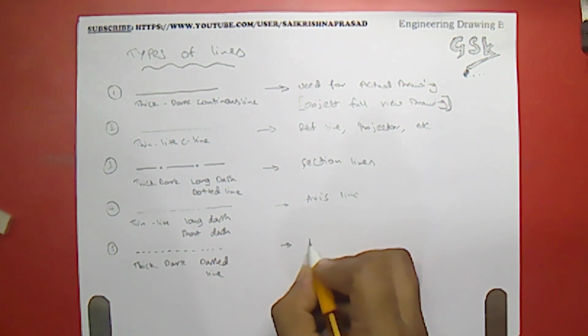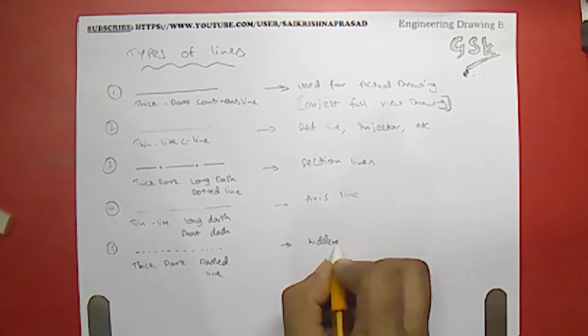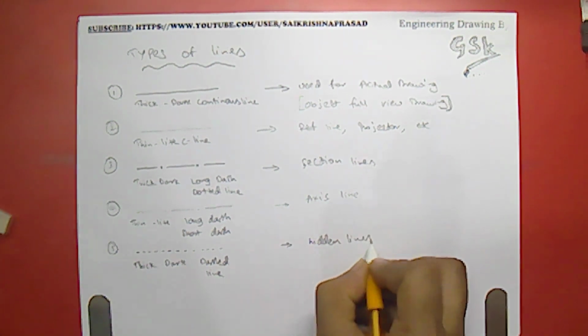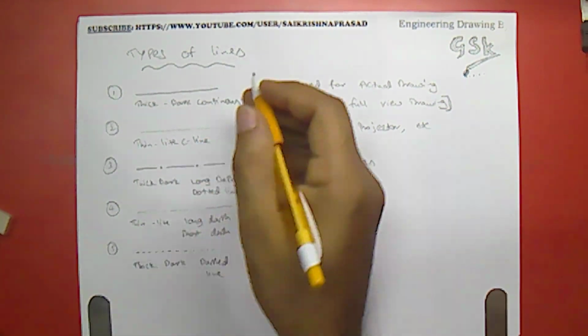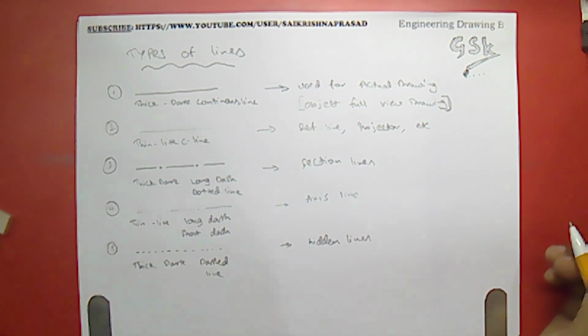These are used for hidden lines. These are the various lines that we follow in engineering graphics generally.